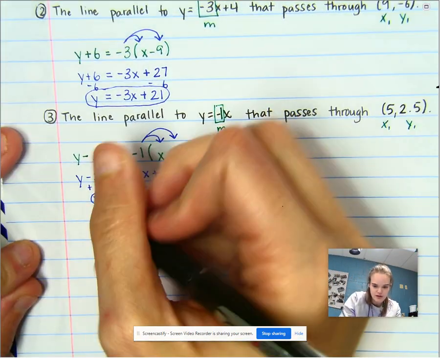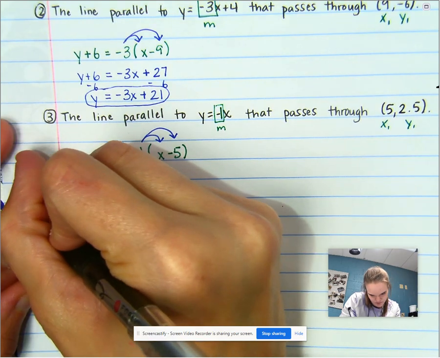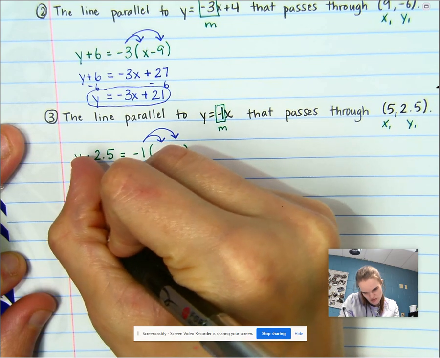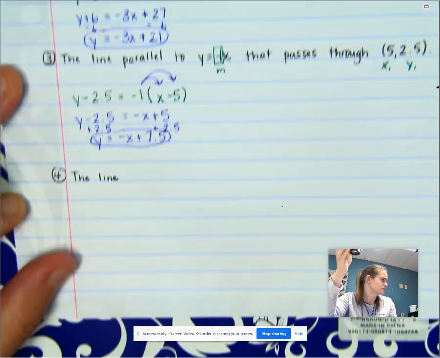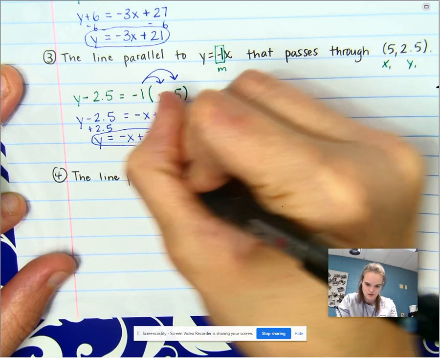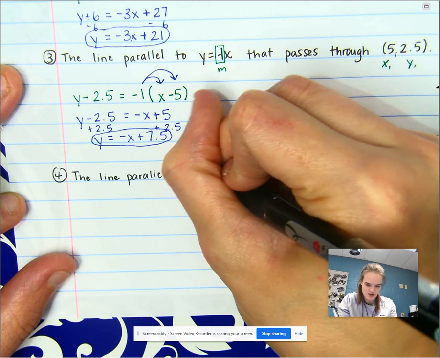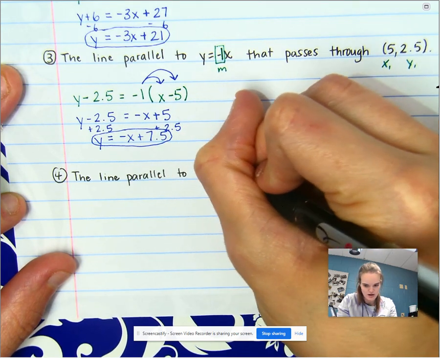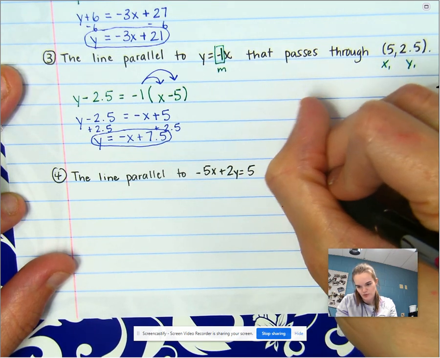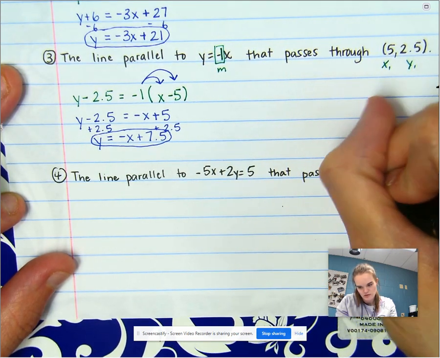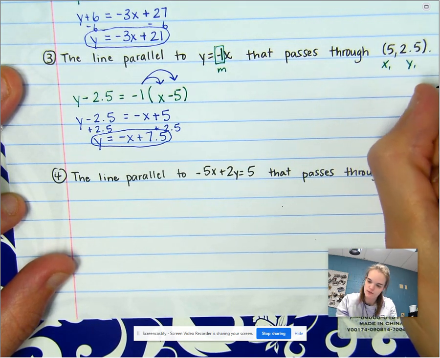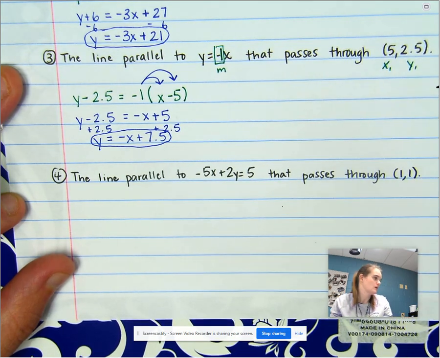Okay, last one for parallel, number 4. The line parallel to negative 5x plus 2y equals 5 that passes through 1, 1. Okay.